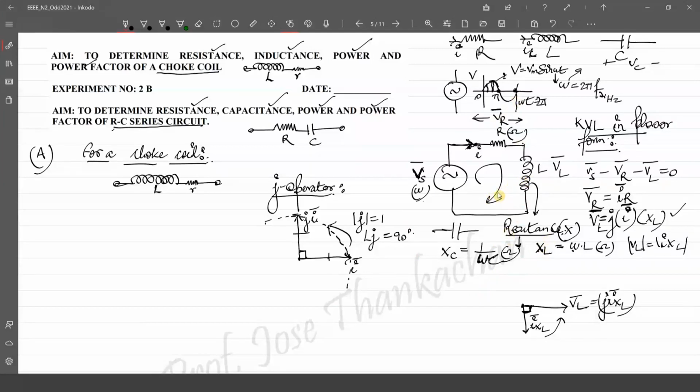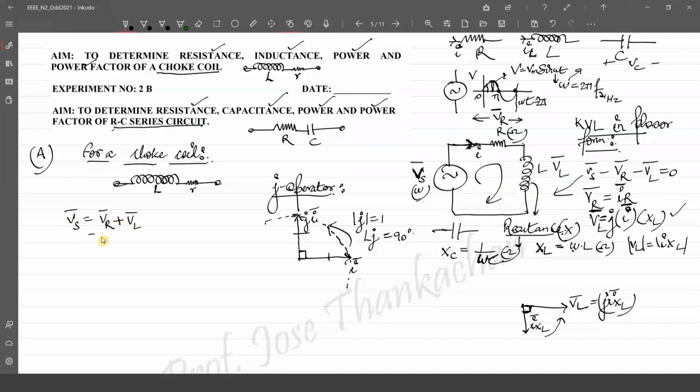Now that is about the J operator. And now if I come back to this KVL equation, what is the KVL equation? I had written Vs is equal to, if I take the other signs to the left hand side and the negative portions to the right hand side, I can write this as VR plus VL.